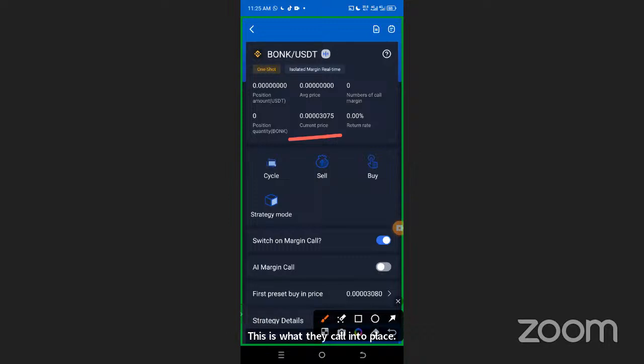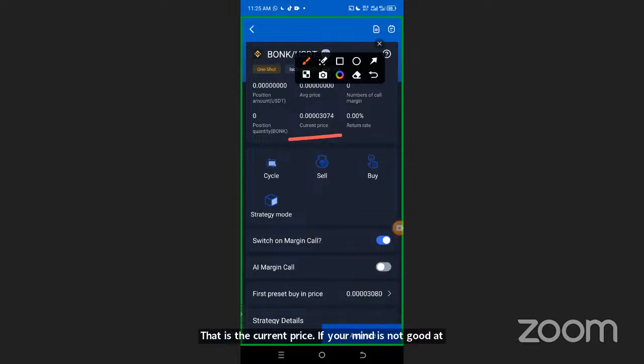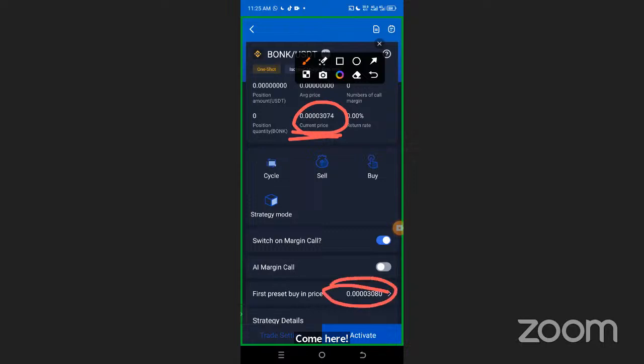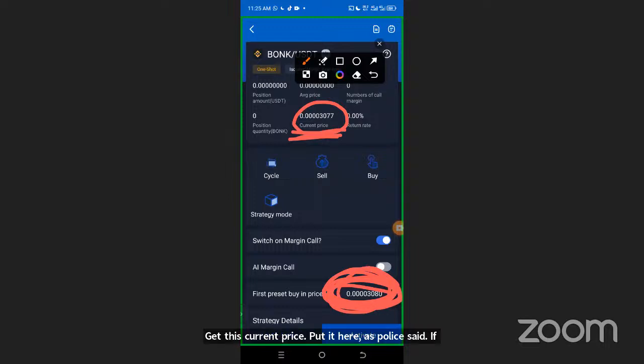If your mind is not good at understanding, come here, get this current price, and put it here as preset.